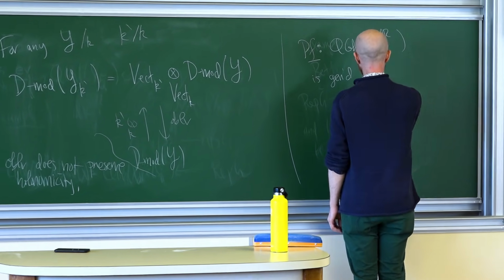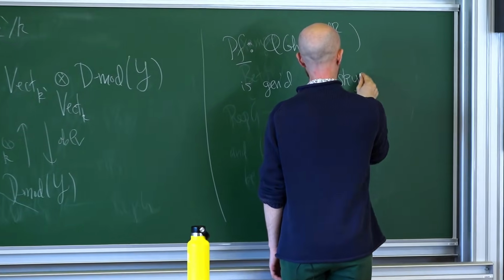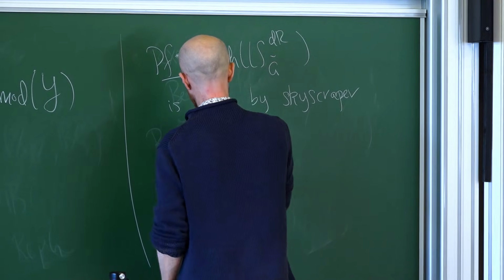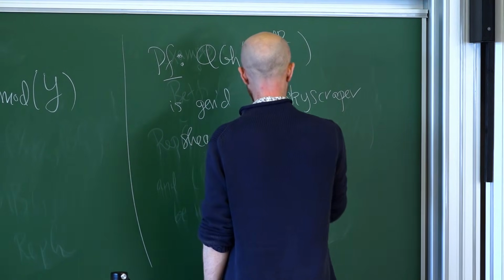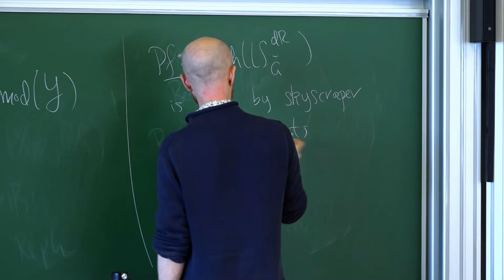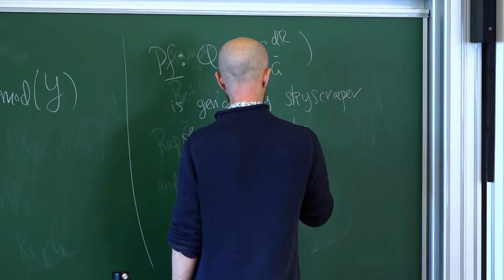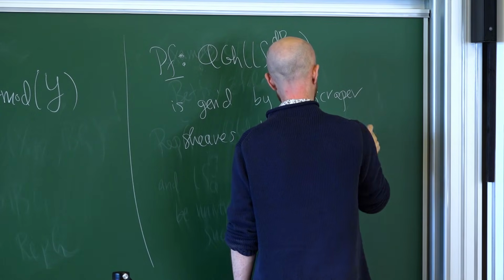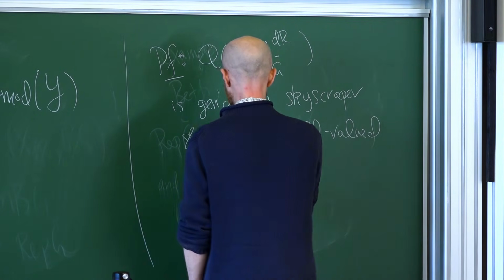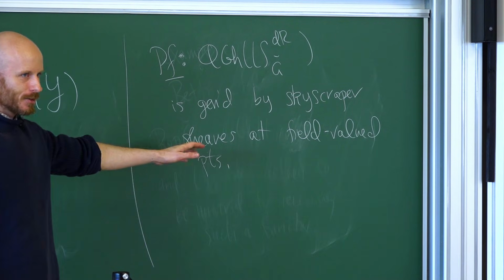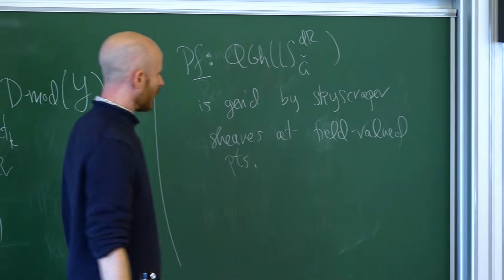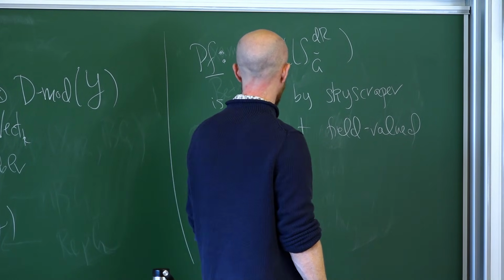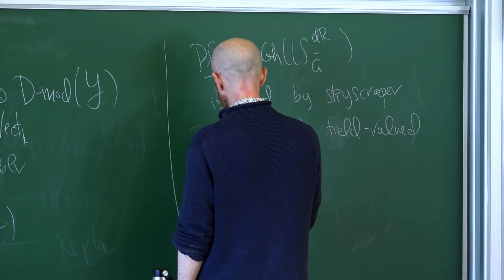It's generated by skyscraper sheaves at points, but maybe let's say at field value points. But allowing possibly transcendental extensions, like the delta sheaf, the skyscraper sheaf at the generic point I count as one such thing.